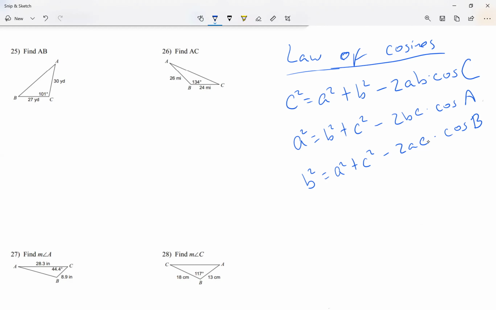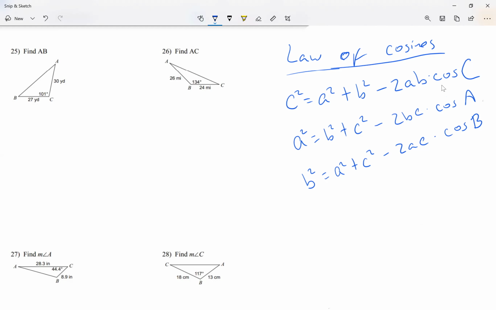So it is dependent on the angle given. If I give you angle C and I'm asking for side C, awesome, you solved it. If I give you angle A and I'm asking for side A, or angle B and you're solving for side B, not that bad.